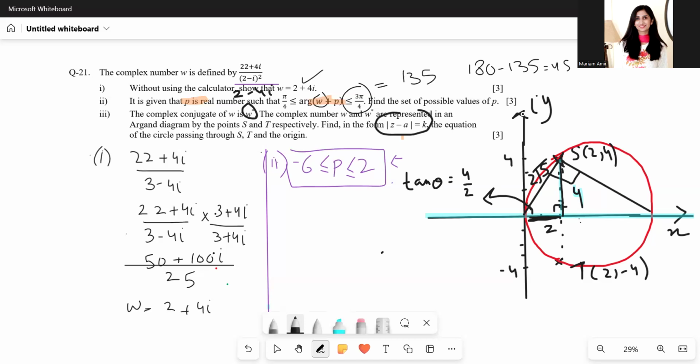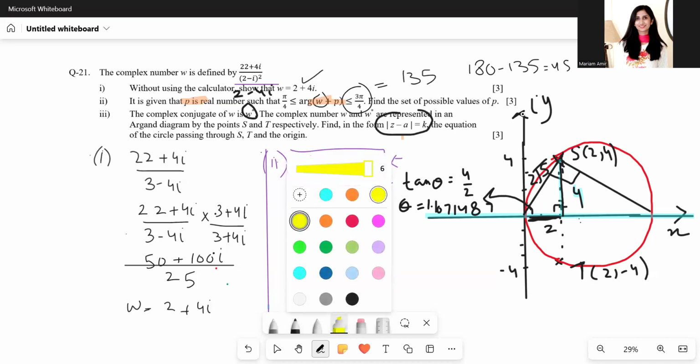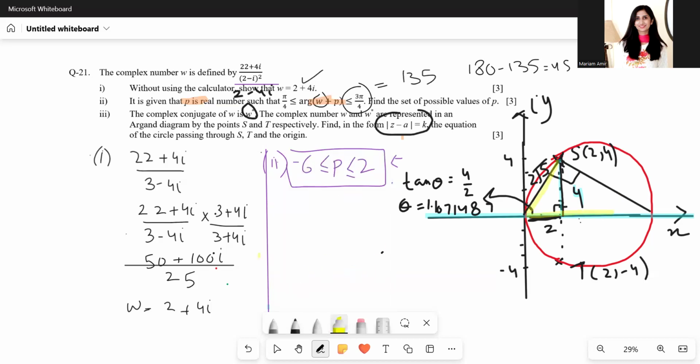This is going to be 90 degrees too. So tan inverse 4 over 2 gives us 1.10 something. So theta comes out to be 1.107147.